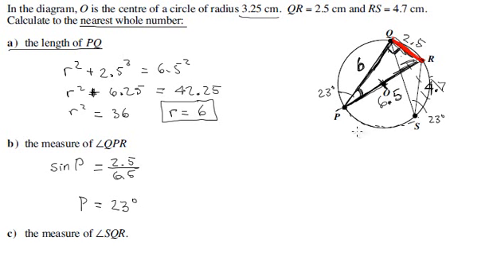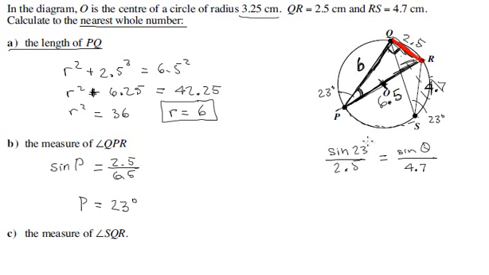We can set this up as, I'll do it over here so it's closer to the picture I'm using. We can say sine 23 over 2.5, that's this angle over this side, equals sine q, the angle we're supposed to be finding, over 4.7.